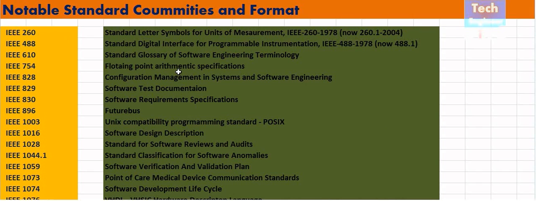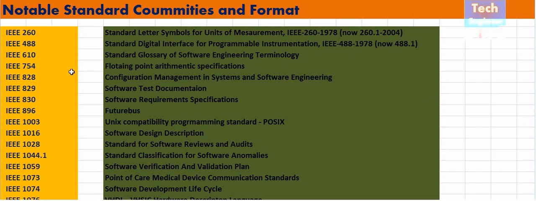IEEE 260/1978. IEEE 488 is the standard digital interface for programmable instrumentation, IEEE 488/1978. IEEE 610 was the standard glossary of software engineering terminology.